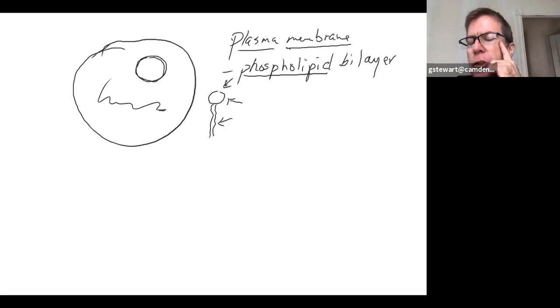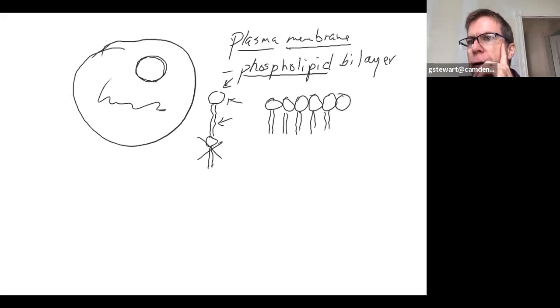Bilayer obviously means two layers, but they're not stacked up on top of each other like this. The membrane actually looks like this because the phosphates are polarized and the lipids, the fatty acid chains, are not polarized. The lipids, the fatty acids, are attracted to each other, and the phosphates are sort of repelled from each other.